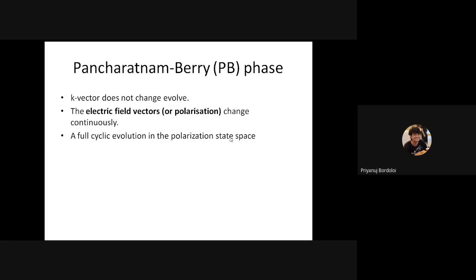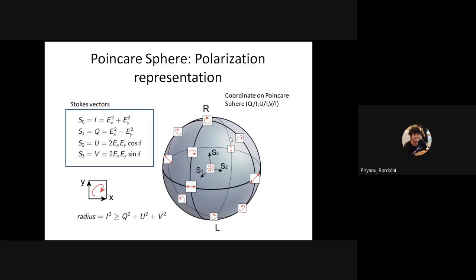In this phase, if you can somehow do a full cyclic evolution in the polarization state, which will be visually shown next, you can actually incur a phase without any change in the path length. That leads to an additional geometric phase factor. And one best way to see this is using the Poincare sphere.